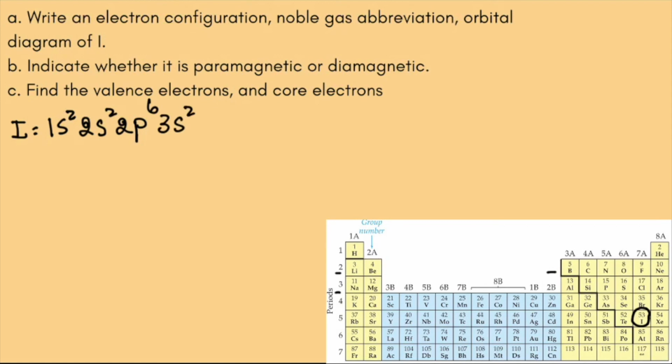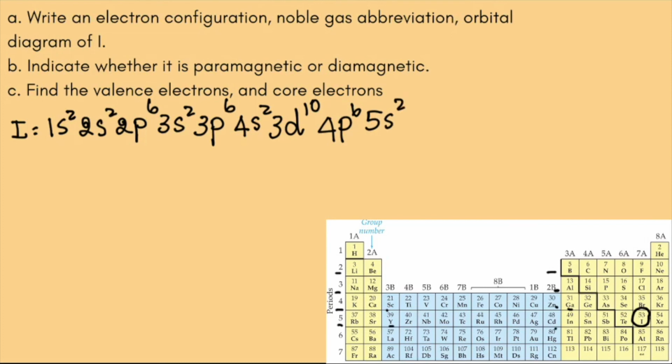After 3s2 we have 3p6, and then 4s2, and then 3d10, 4p6, and then we go back to 5s2, 4d10, and then 5p5. So that is the electron configuration. If you add the numbers up, you will get 53, the same as the atomic number, which means that you have the right electron configuration.